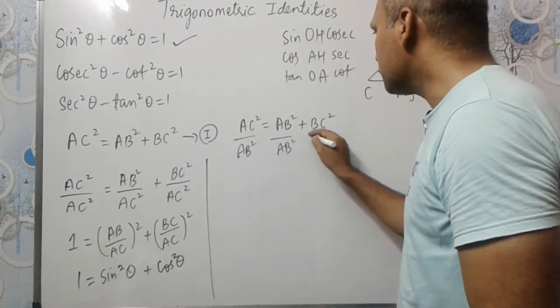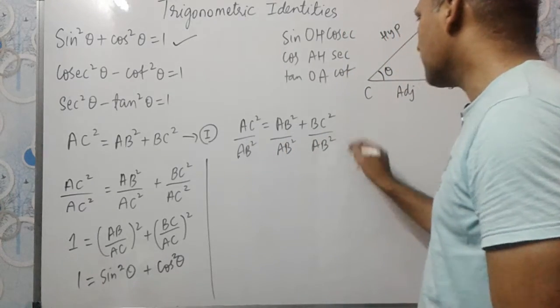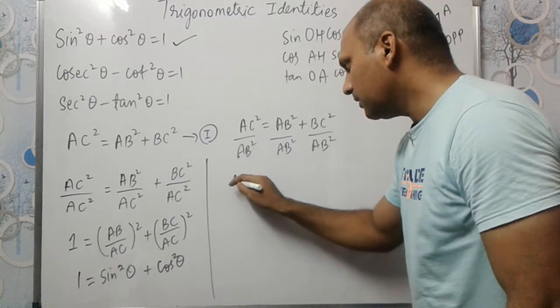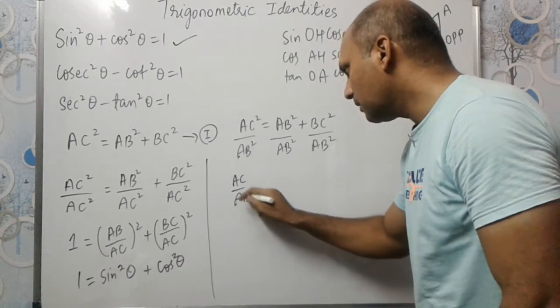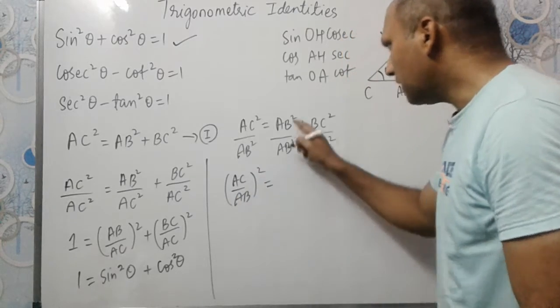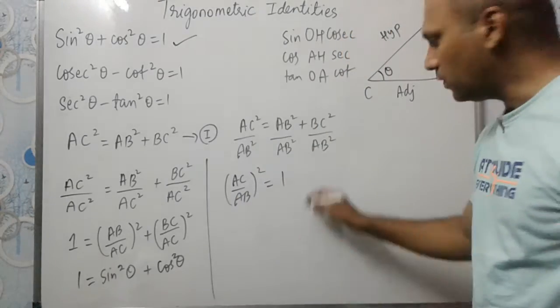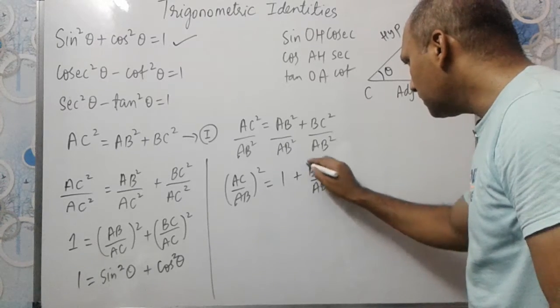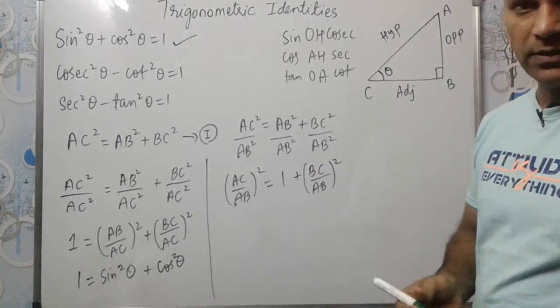Here also it is AB square, here also it is AB square. Now AC divided by AB whole square, AB square divided by AB square will be equal to 1, plus BC by AB whole square.